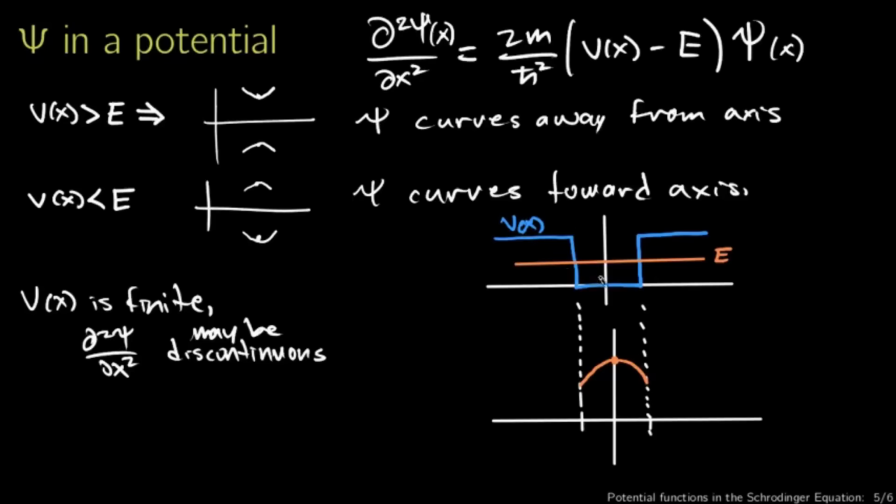So when we have a discontinuity in the potential, we have a discontinuity in the second derivative. The first derivative of psi will be continuous.